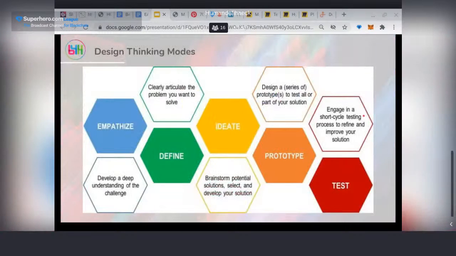So when we are working with design thinking, we need to program ourselves and our teams that if we are in a design thinking process, we will always be in one of these modes that you see here. Those modes are five: empathize, define, ideate, prototype, and test. And these you see them.